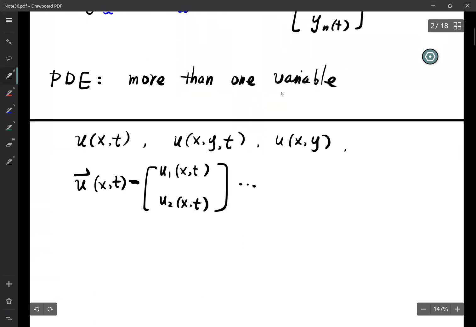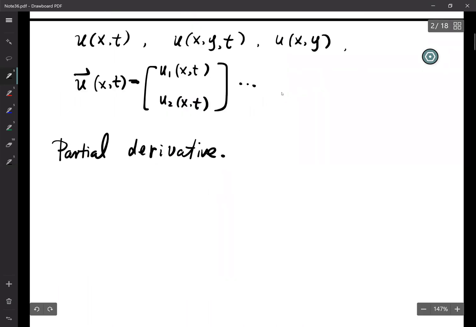Because of the dependence on more than one variable, we cannot just take derivatives, say d/dt, anymore. We need to be specific about which variable we're taking the derivative with. This is called the partial derivative. For example, without loss of generality, we're going to consider this case: one-dimensional space and one-dimensional time.